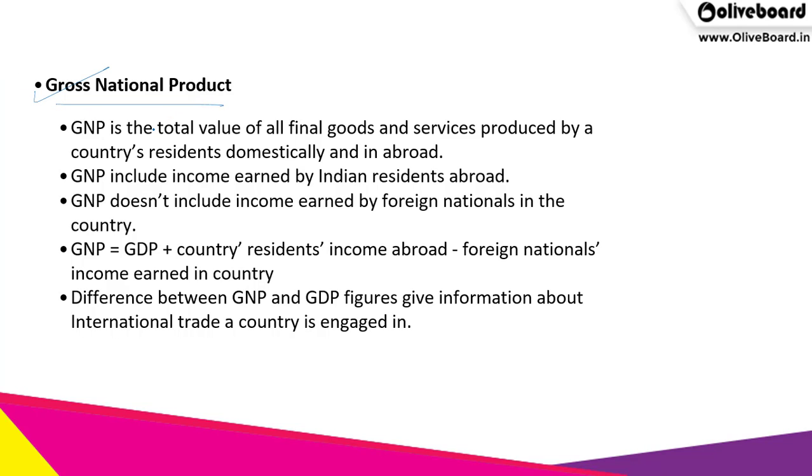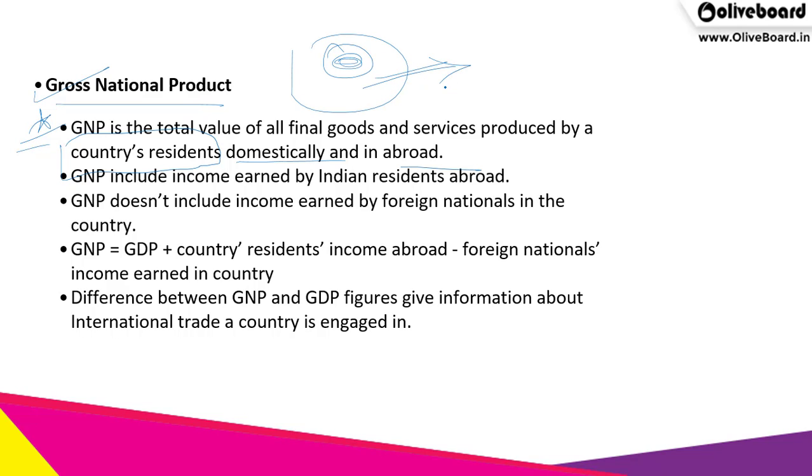Now, gross national product, GNP, is the total value of all final goods and services produced by a country's residents. This is the key term here: by the residents, domestically or abroad. So GNP includes domestic production within the boundaries of a country and outside the boundaries of a country.